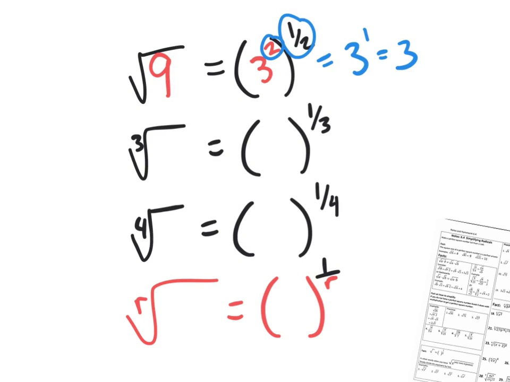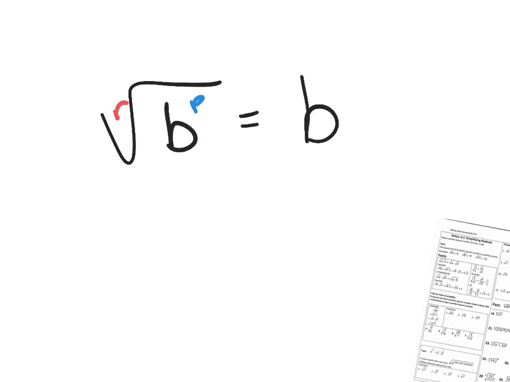Now, let's take this a step further. The meat and potatoes of today's lesson is that you're going to be able to take any radical, with whatever base, whatever power, and whatever root you have in here, doesn't matter if it's a third root, fourth root, or any type of root, and rewrite it as that base to the power of a certain fraction.